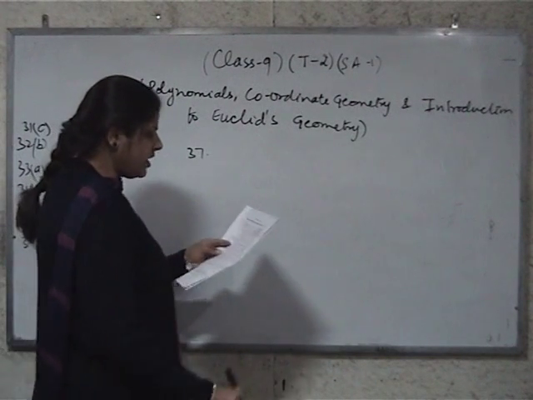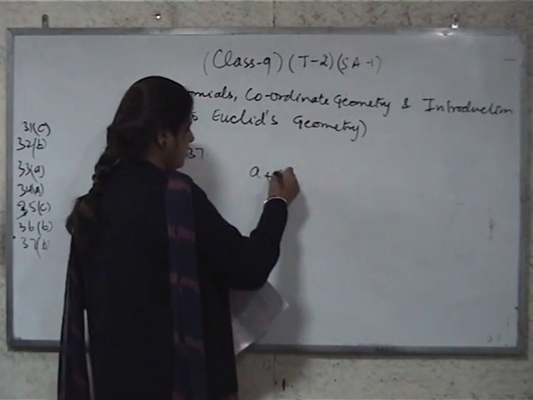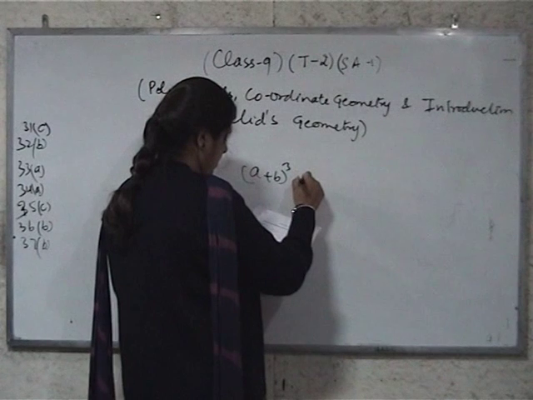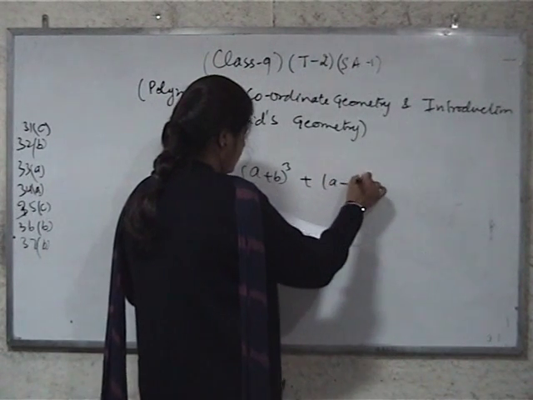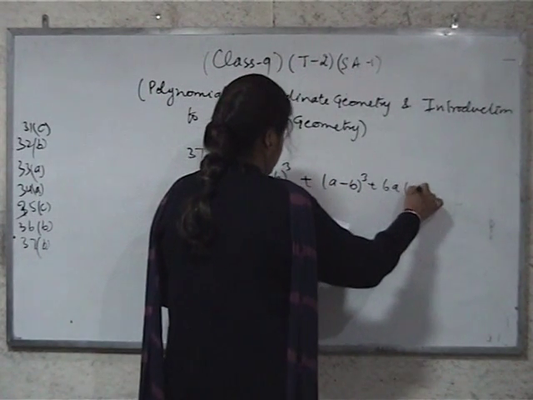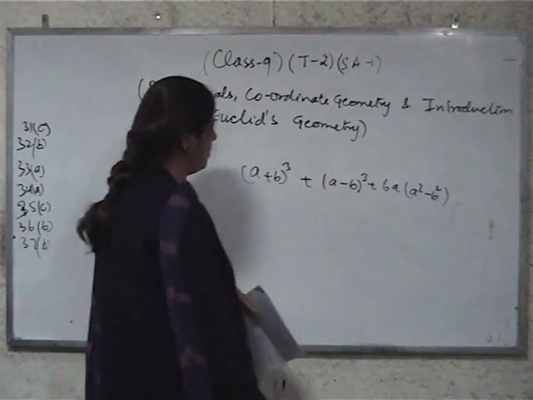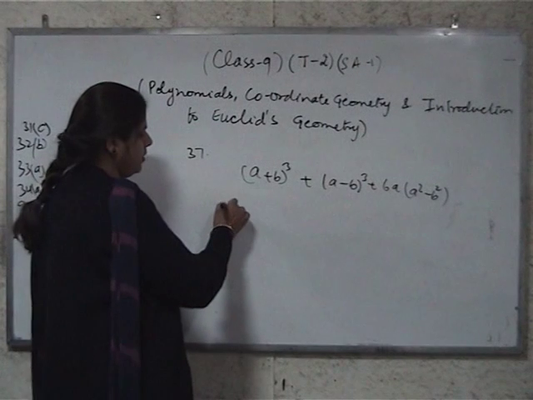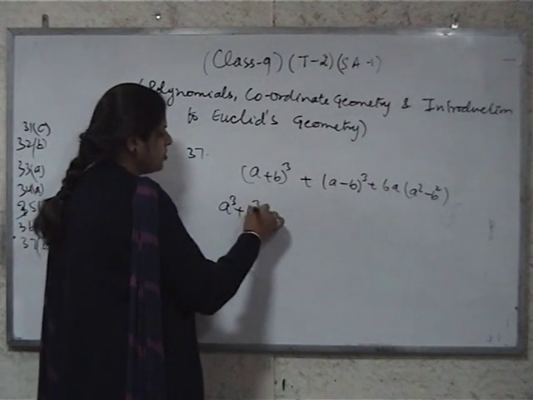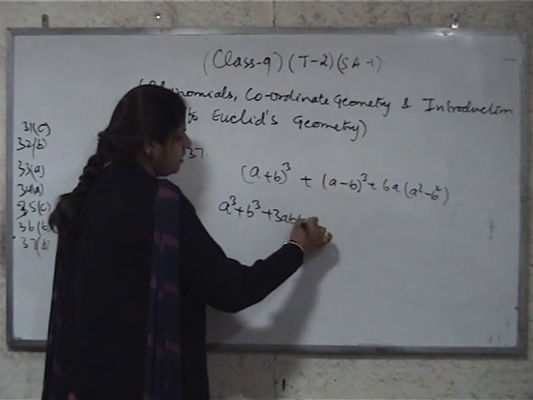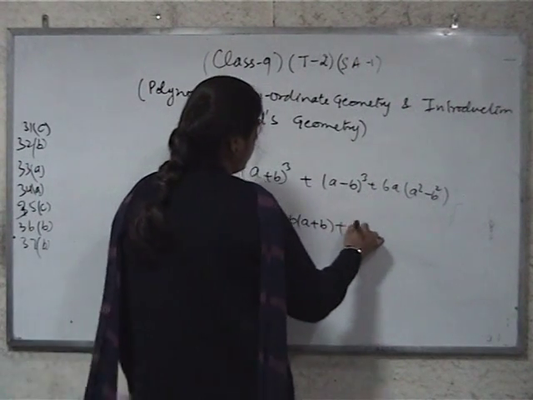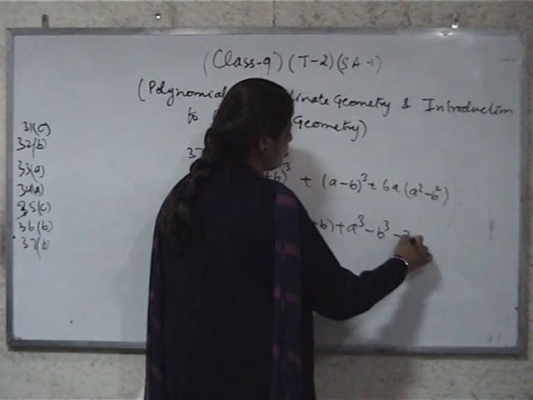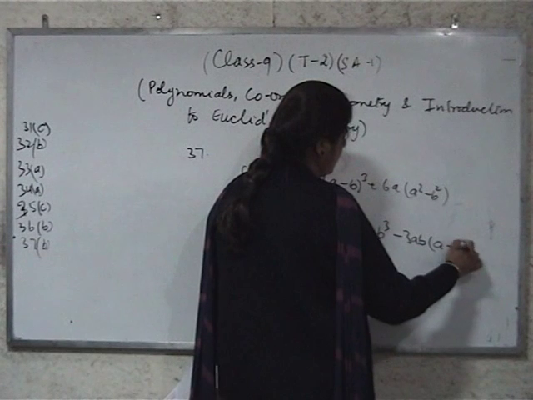The value of (a plus b) whole cube plus (a minus b) whole cube plus 6a square minus b square. What I have to do? I have to apply the expansions here. (a plus b) whole cube is a cube plus b cube plus 3ab into (a plus b), (a minus b) cube is a cube minus b cube minus 3ab into (a minus b).